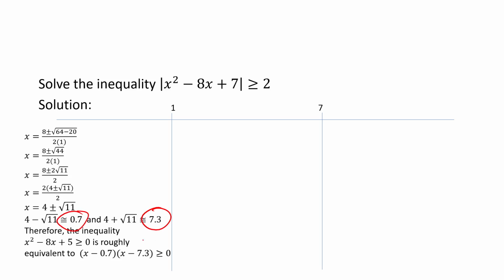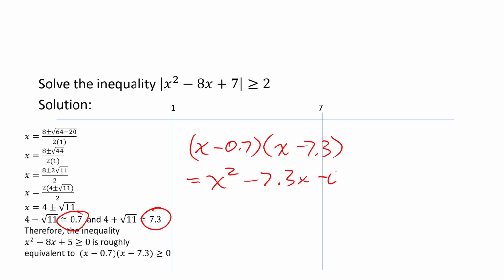So the inequality x squared minus 8x plus 5 greater than or equal to 0 is roughly the same as the inequality x minus 0.7 times x minus 7.3 is greater than or equal to 0. And if you want proof of that, just check this out. If we do x minus 0.7 times x minus 7.3, we get x squared minus 7.3x minus 0.7x plus whatever you get when you multiply 0.7 times 7.3.